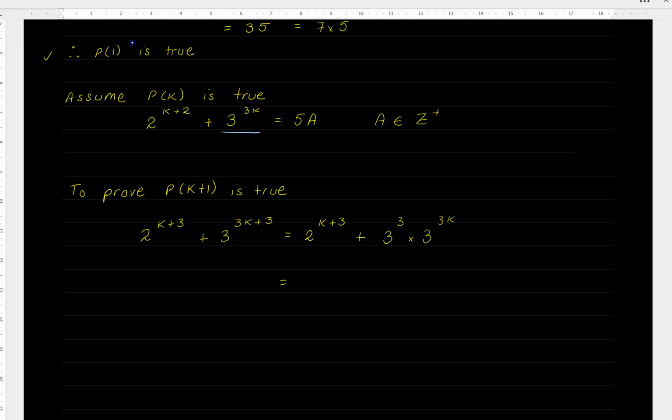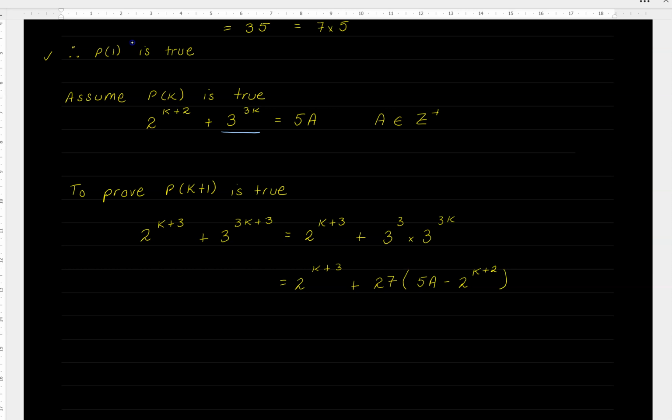Okay, we'll keep this 2 to the k plus 3. 3 cubed is 27, and I'm now going to replace this. So 3 to the 3k is going to equal 5a minus 2 to the k plus 2.